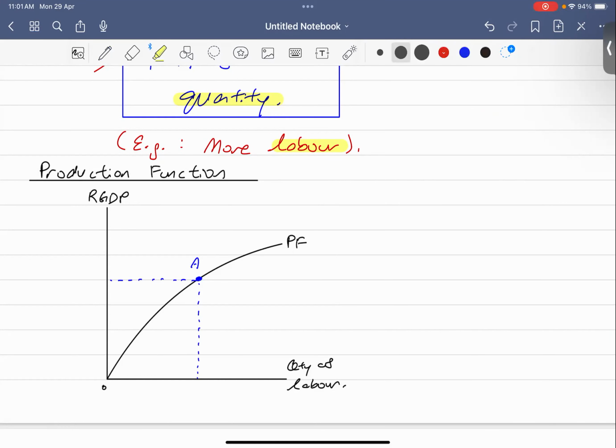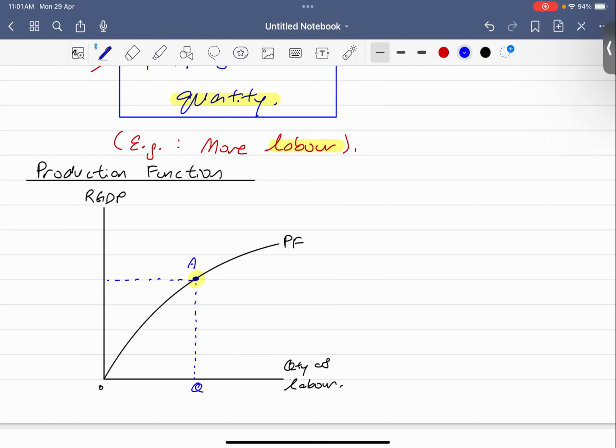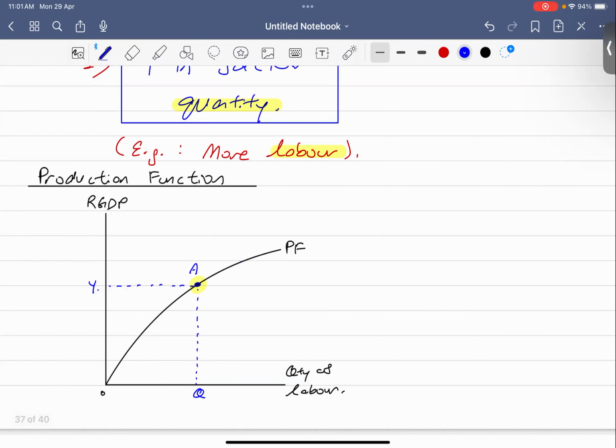I put it in yellow color here, point A. I put the real GDP as Y. Now, when you have more labor, it moves from point A to point B. So what you can see over here is when the quantity of labor increases, yes, the country is able to produce more real GDP, more output, from point A to point B.